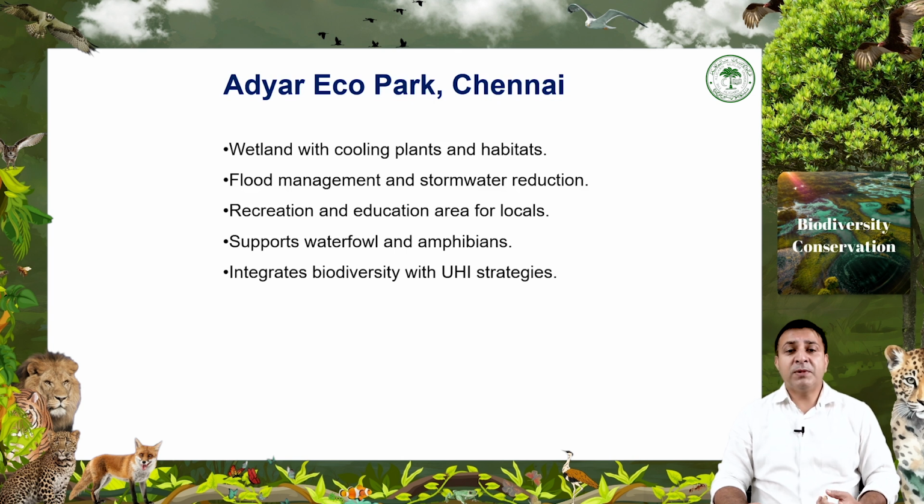The park manages stormwater, reducing the flood risk for nearby areas, and offers public access for recreation and environmental education. This park is recognized for integrating urban heat island mitigation with biodiversity enhancement, thus serving as a model for urban ecological resilience.